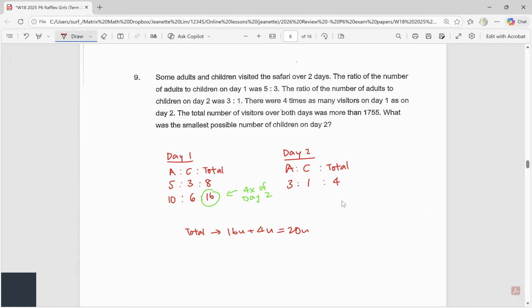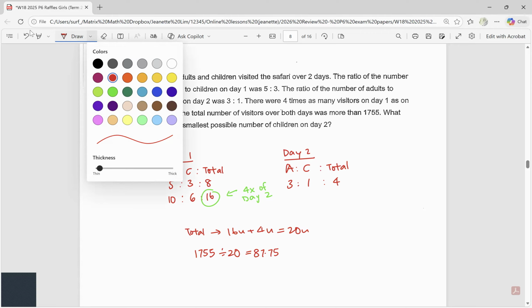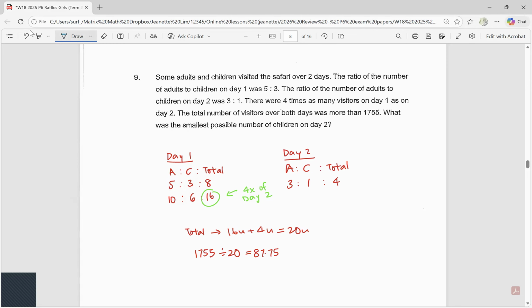So we take 1755 divided by 20. You get 87.75. So note here at the side, 20 units must be more than 1755.